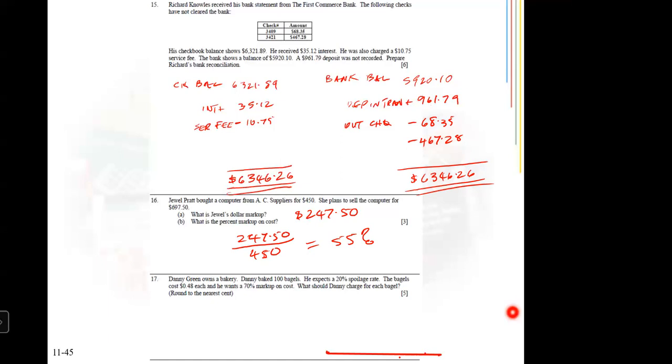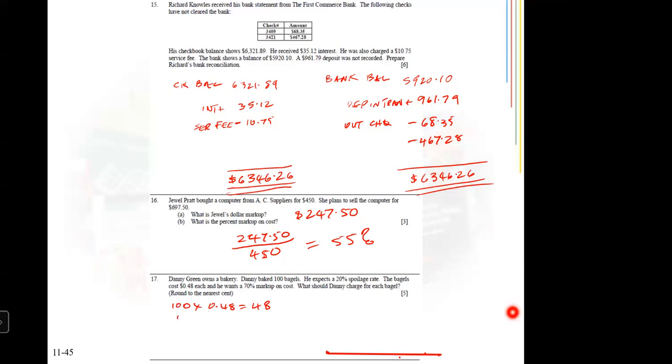Okay, the last one on that page, you bake 100 bagels, you have 20% spoilage, they cost 48 cents, and you want 70% markup. So first you have to work out what the total cost is for 100. So 100 times 0.48 gives you $48. And then you want a markup of 70% on that.